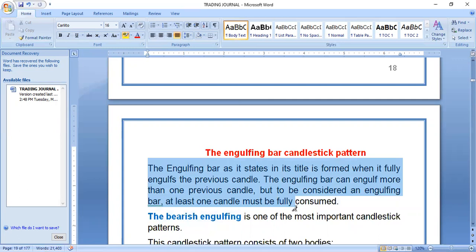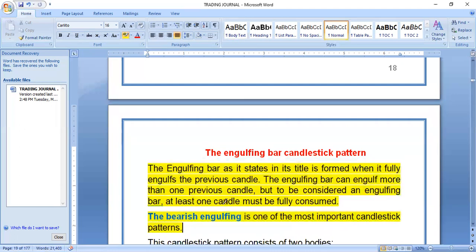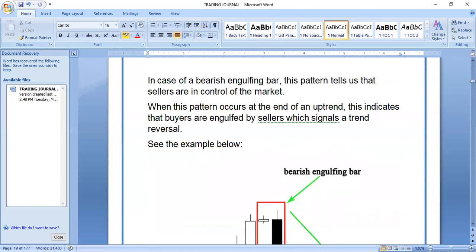The engulfing bar can engulf more than one previous candle, but to be considered an engulfing bar, at least one candle must be fully consumed. So you have to wait for at least one candlestick to be fully consumed. Then you can make a trade at the start of the second candlestick after the engulfing candlestick. That's something that you should note. Let's look at bullish engulfing.